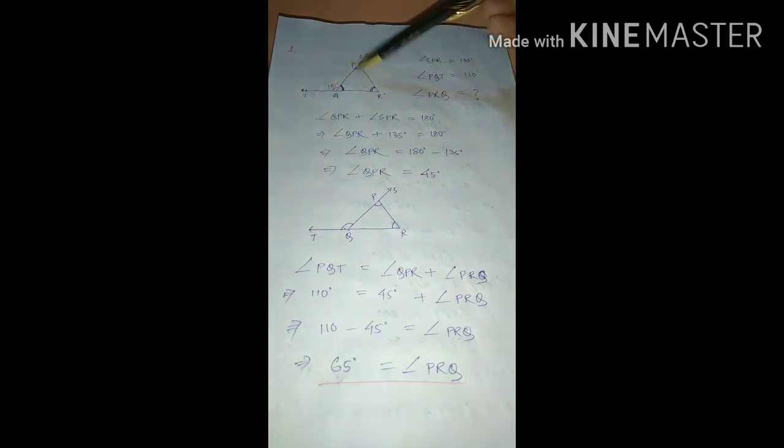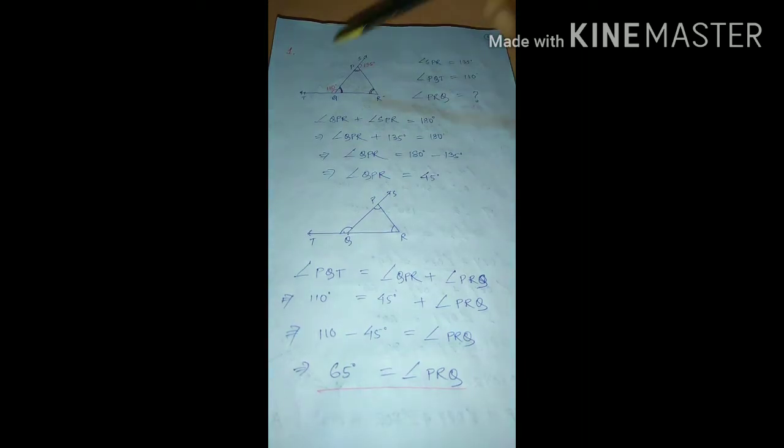QPR we don't know, but SPR we know, 135 degrees. So QPR plus 135 degrees equals 180 degrees. If you shift this and calculate, then angle QPR equals 45 degrees.